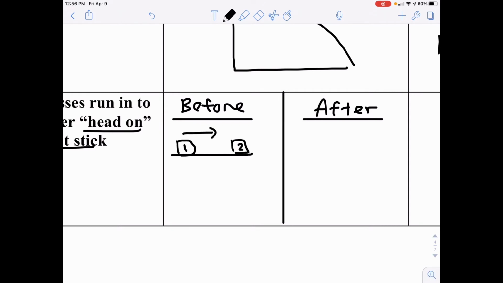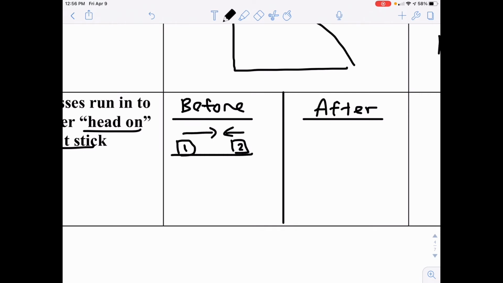Now they could collide in a variety of ways. 1 could smash into 2, 2 could smash into 1, or they could simply be going in opposite directions and smash into each other. None of those situations are very specific and unique to solving the problem. In other words, momentum is conserved in any collision. It doesn't matter.